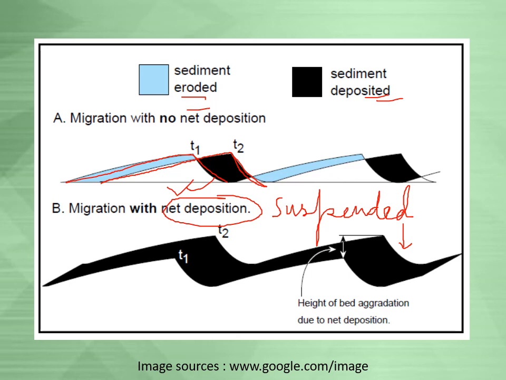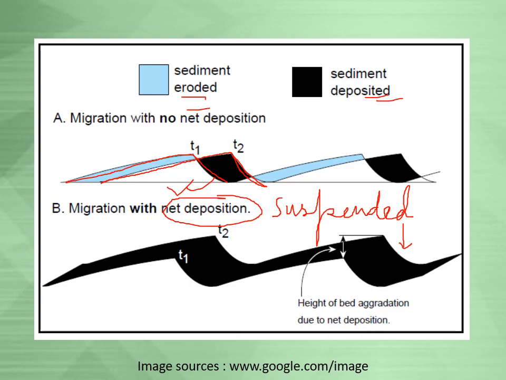So instead of simply eroding the stoss side and depositing on the lee side, due to the significant contribution of suspended load in the second type, vertical stacking of the ripples also occurs.